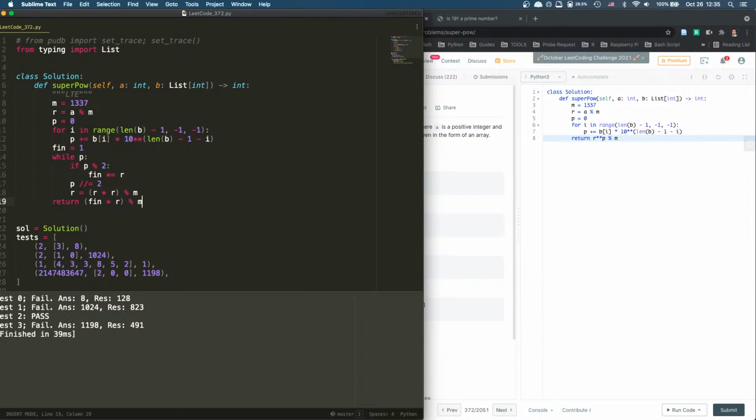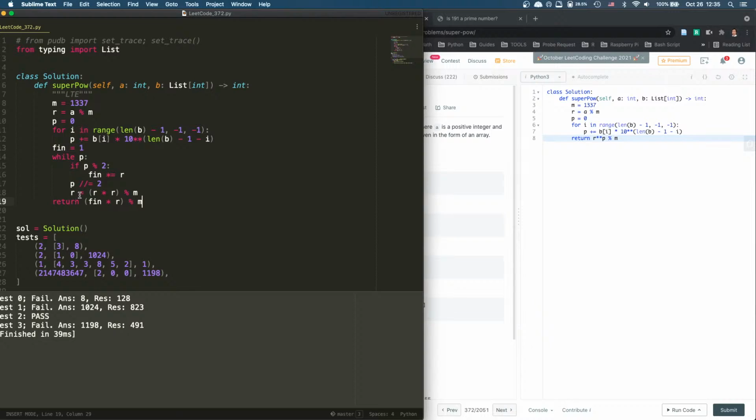How will it come up to, so P is 3, I think we get an R, and then P divided by 2, which will be 1. P is now 1. Okay, so the new R is R times R, because I say it's R squared, which is 4.